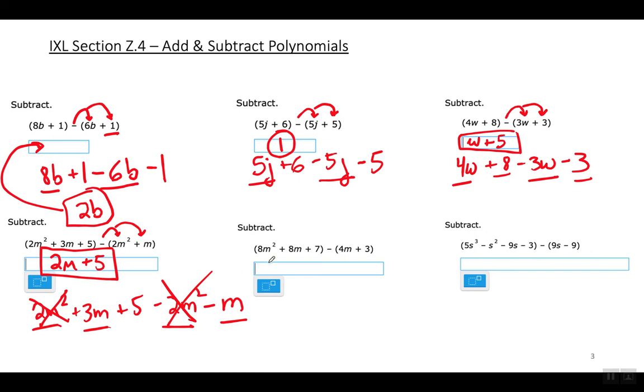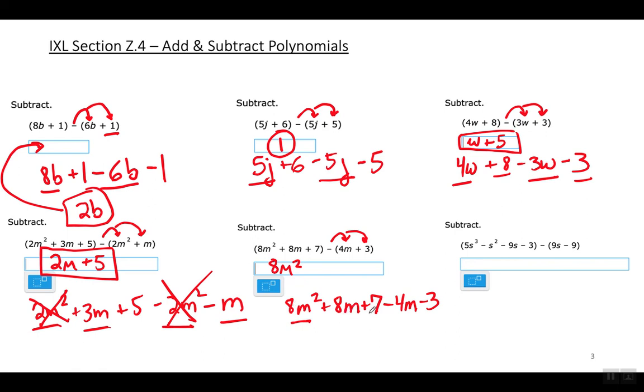All right, here I distribute the minus sign, so it's going to be 8m squared plus 8m plus 7 minus 4m minus 3. All right, so 8m squared, I got nothing to combine it with, so it's going to stay by itself.